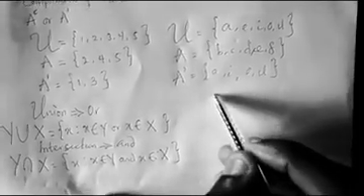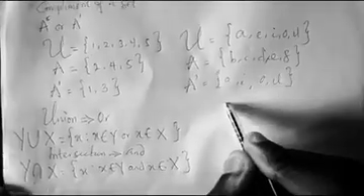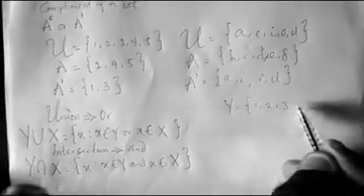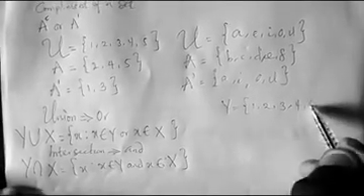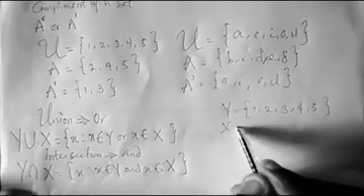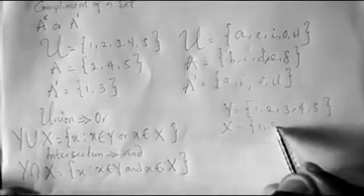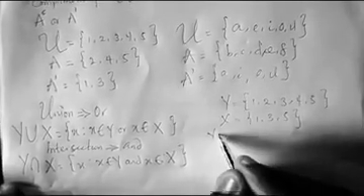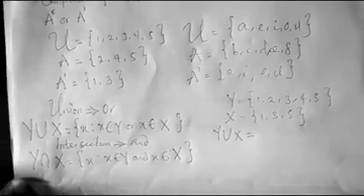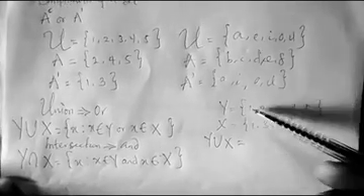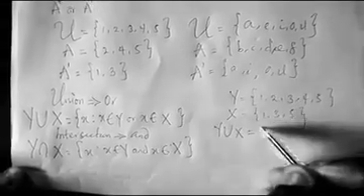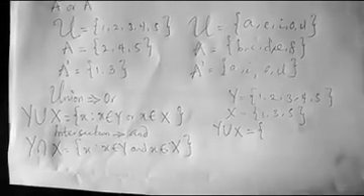Let's quickly see an example. Let's say Y is equal to 1, 2, 3, 4, and 5. And my X is equal to 1, 3, 5. Now, if I want to do my Y union X, that will be what is in X or Y. That is what you have in X or in Y. Now, it means the combination of the two.